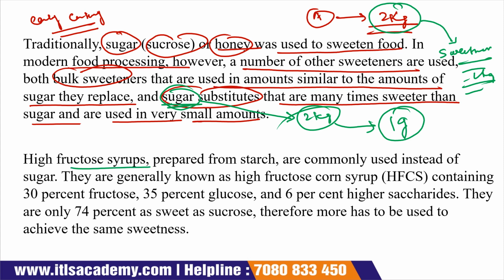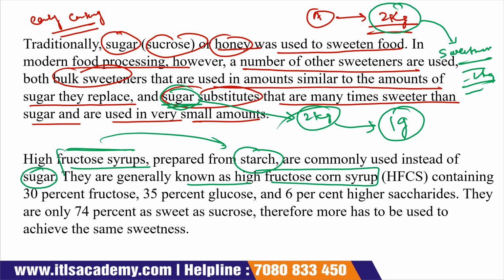High fructose syrup, which is prepared from starch, is commonly used instead of sugar. This fructose sugar is prepared from starch and is commonly used in the place of sugar, and it is generally known as high fructose corn syrup, HFCS, which contains around 30% fructose, 35% glucose, and 6% higher saccharides.